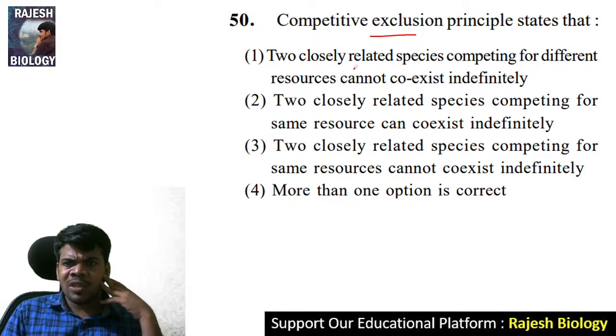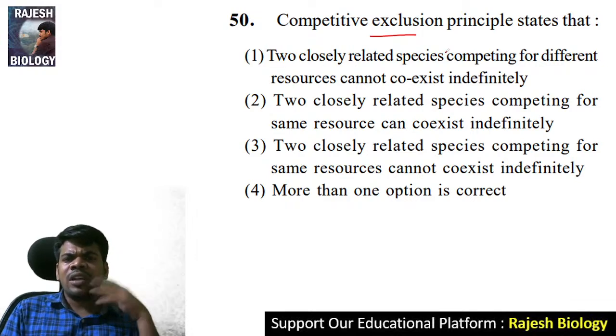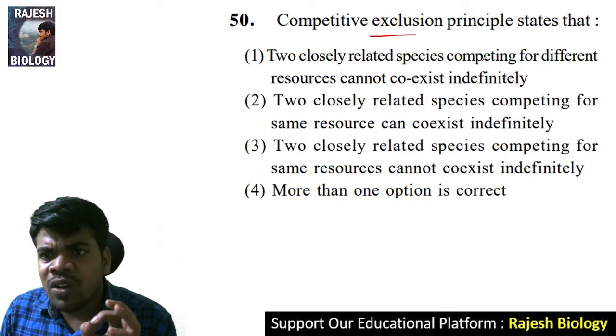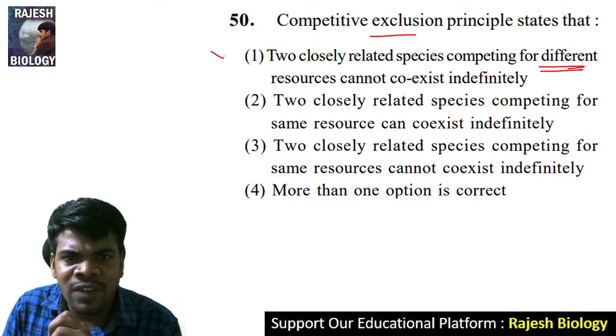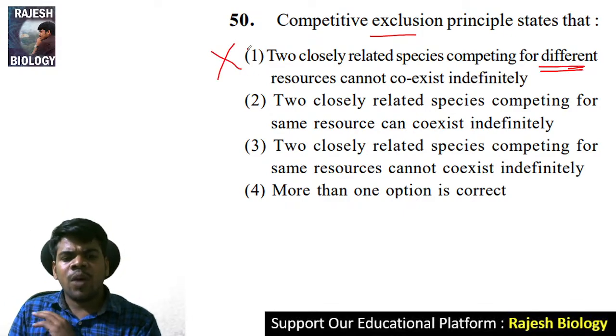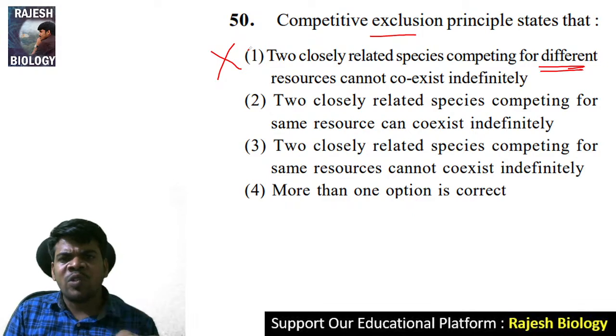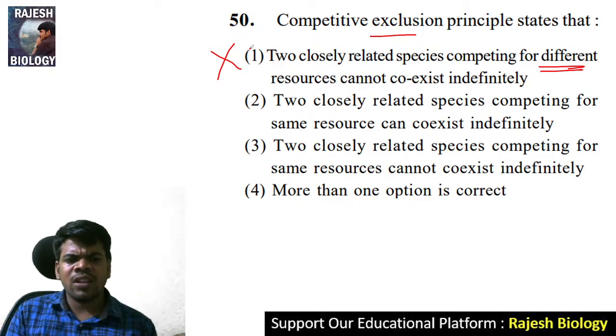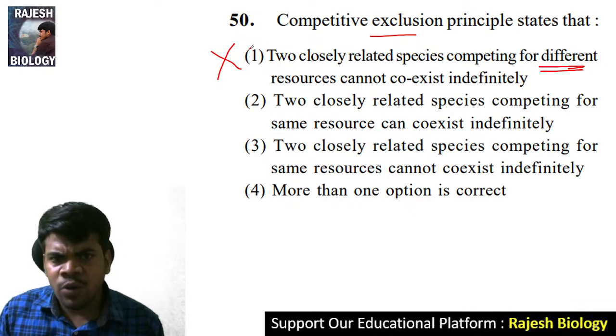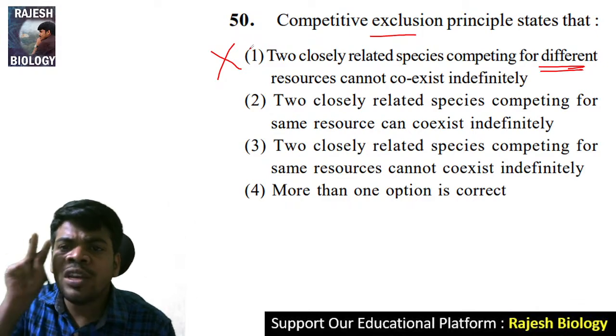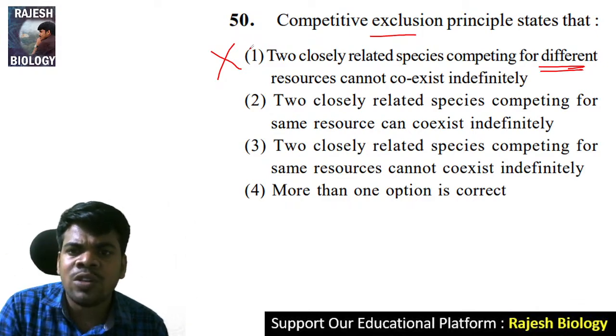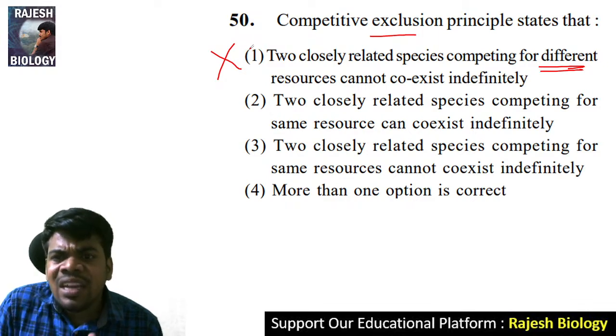Two closely related species competing for different resources cannot coexist indefinitely. If there is no competition for different resources, it is definitely wrong. Competition never occurs between two individuals for different resources. If the resources are different, there is no need to fight. Two closely related species competing for the same resource can coexist indefinitely.